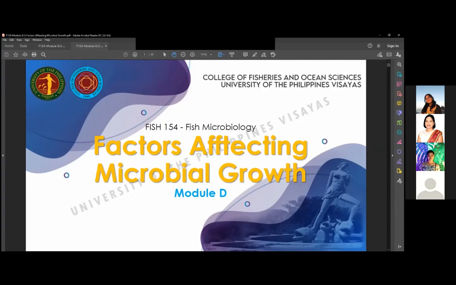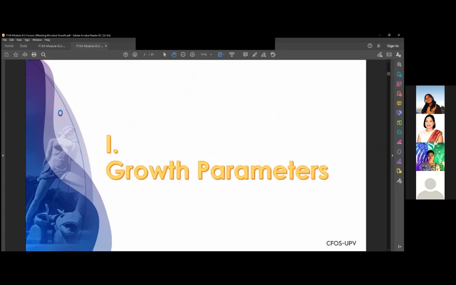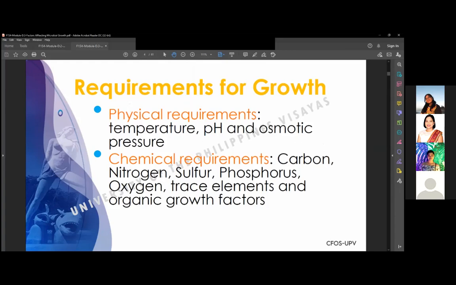This lecture will talk about factors affecting microbial growth. Okay, so next slide. Growth parameters. So you just have to familiarize yourselves about the requirements of bacteria for growth. Meron silang mga physical requirements and chemical requirements.